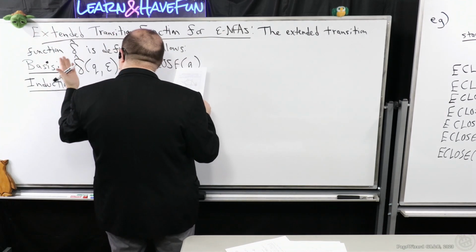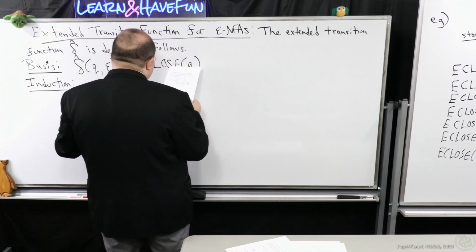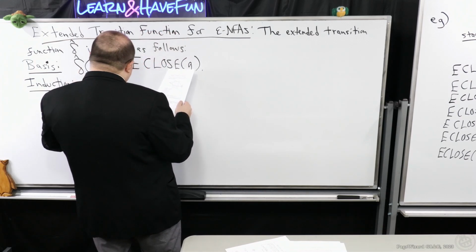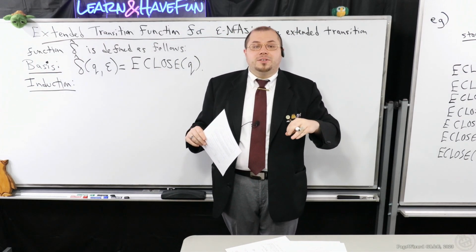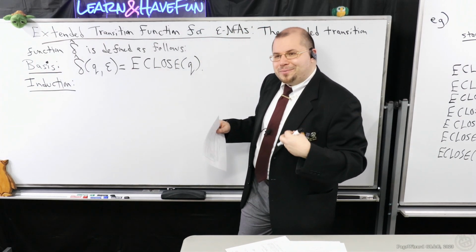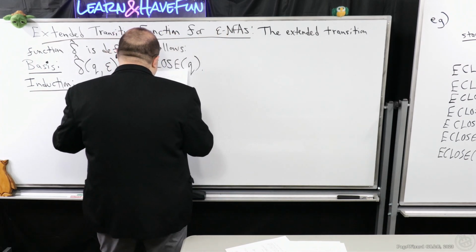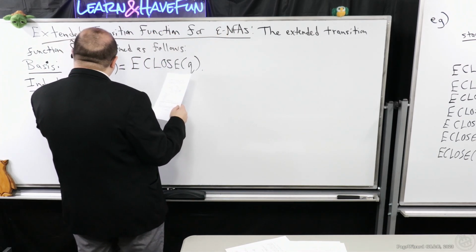The inductive part of our definition for delta hat is as follows. I should probably describe it first informally, and then formally. There shouldn't be anything too terribly surprising here.